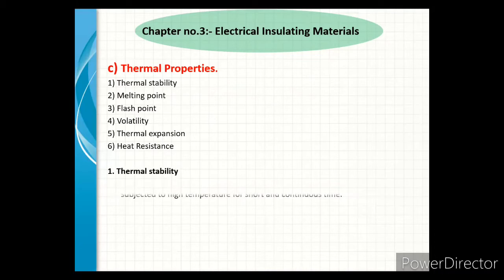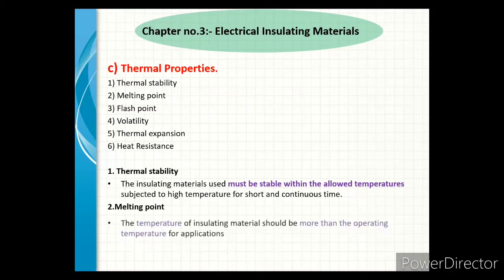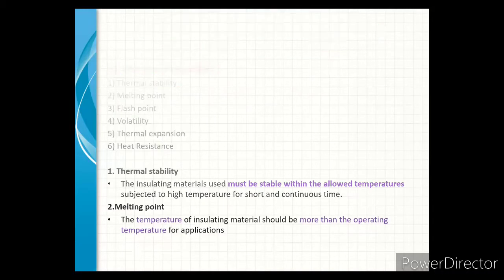Thermal stability: insulating material used must be stable within the allowed temperature, subjected to high temperature for short and continuous time. Melting point: the melting temperature of insulating material should be more than the operating temperature for a particular application.